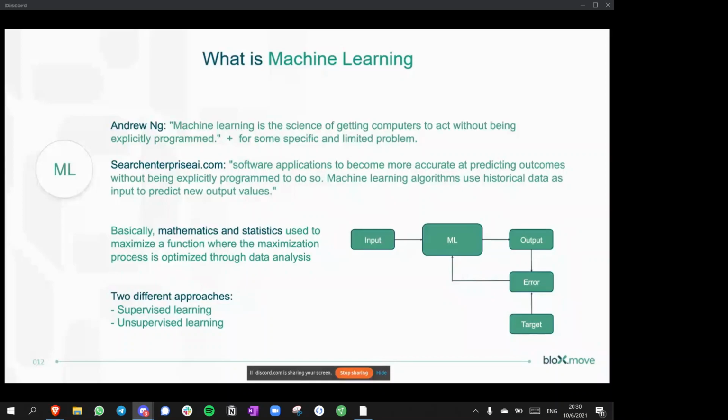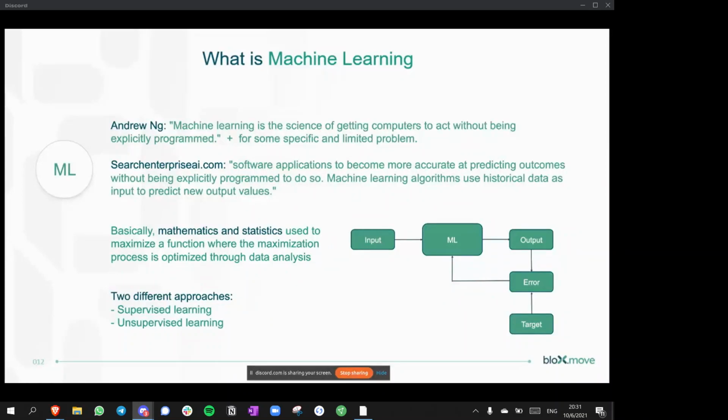Basically, what we have is an input, and we throw this input inside the algorithm. The algorithm is usually, and especially for non-experts, a black box. We throw the input inside, and we are expecting to receive a really accurate output. To get that done, of course, we first need to train this machine learning algorithm.